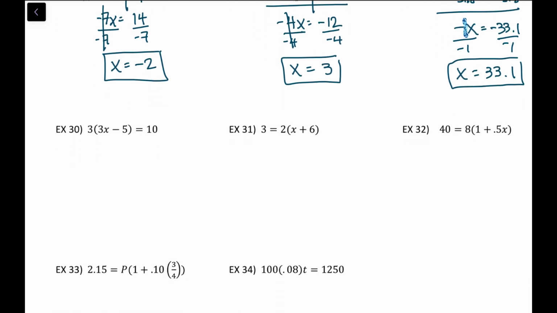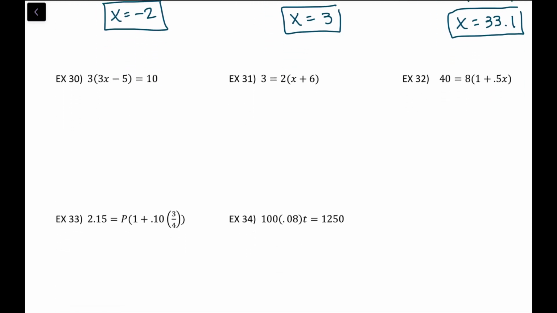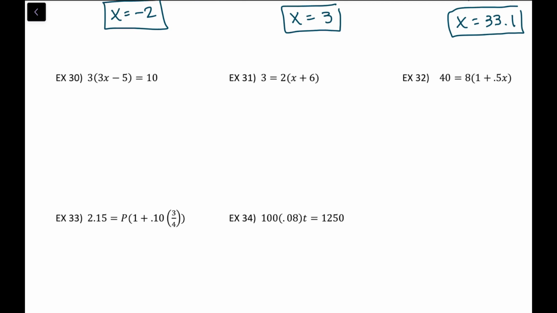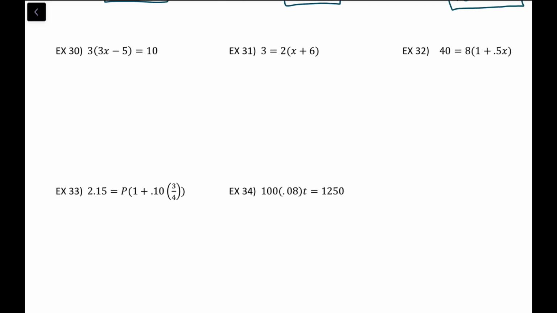Okay, so you notice number 30 has some parentheses in it. So I'm actually going to come over here to this little corner that we have and write down some steps, because now we're getting past two-step equations. And so there's a nice order that you can do these.